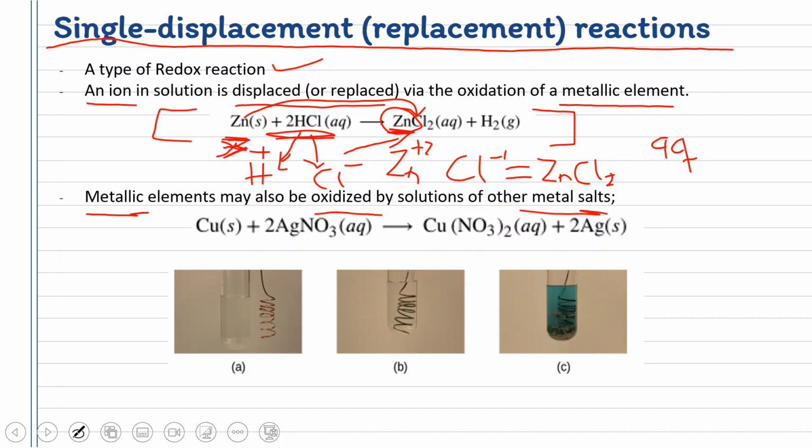So the first type is what we just saw here, where a metal replaces an ion. Now we are saying that in the second type, a metal replaces another metal. So that's the second type.